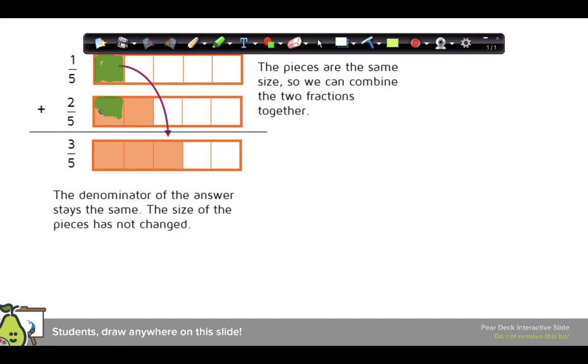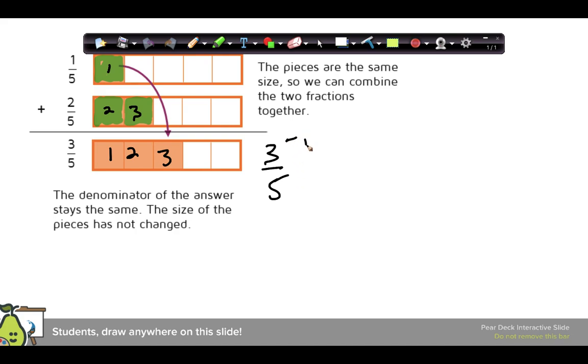So if the whole is split into pieces that are the same size, then they can be simply added. You can just count them up. So I have 1 here, 2, 3. And if I add them all together, there they are right there. So that's where we get 3/5.